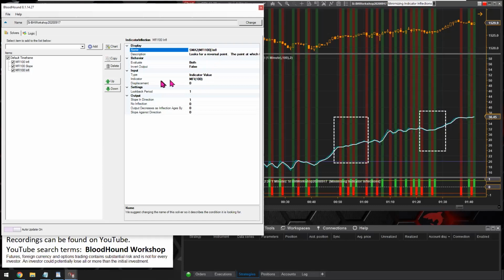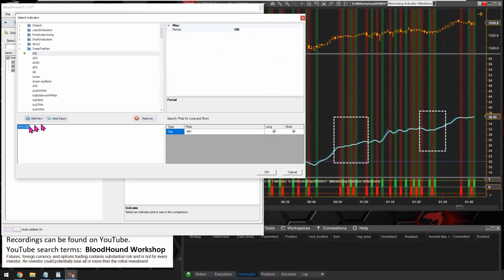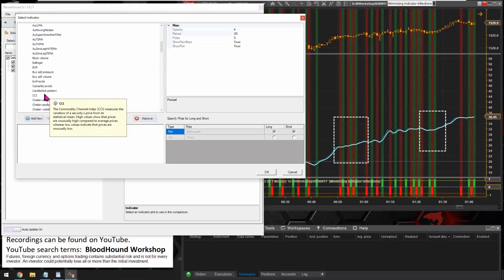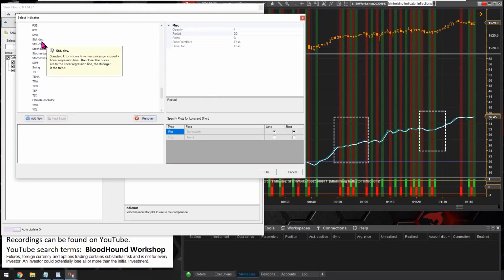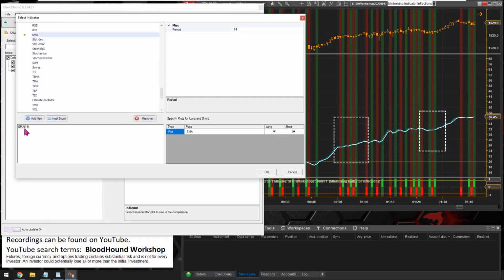So the way we do that is we go into the indicator list again here, and we're going to have to remove the MFI indicator. And the first thing we want to add is the SMA. There you go. So there's our SMA, and let's make it a 2-period. All right.